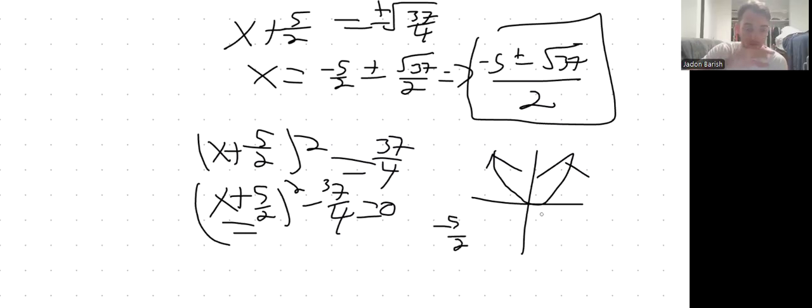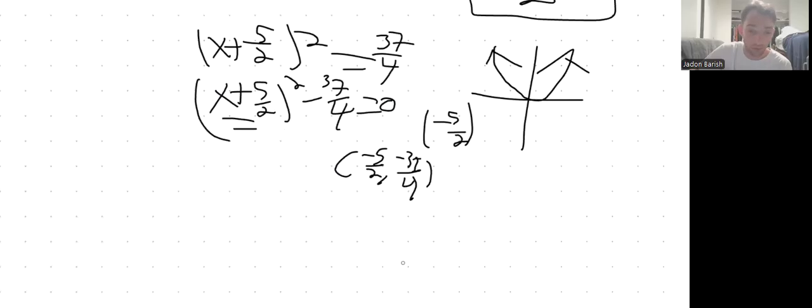It's not positive 5 halves, but it's negative 5 halves, and then whatever this y value is. So your vertex is negative 5 halves and negative 37 over 4, essentially. That's what I'm saying. And that's important.